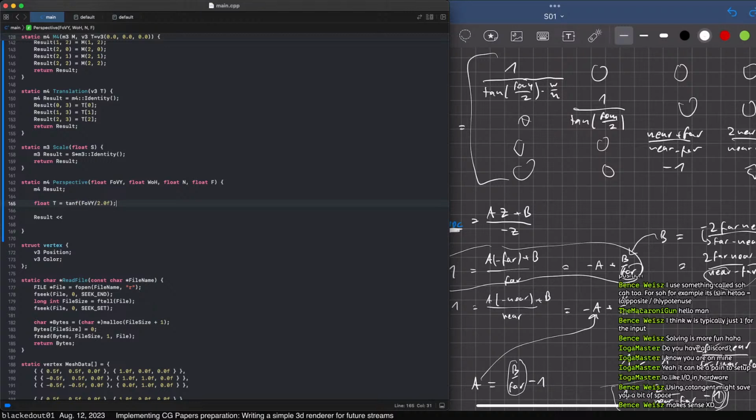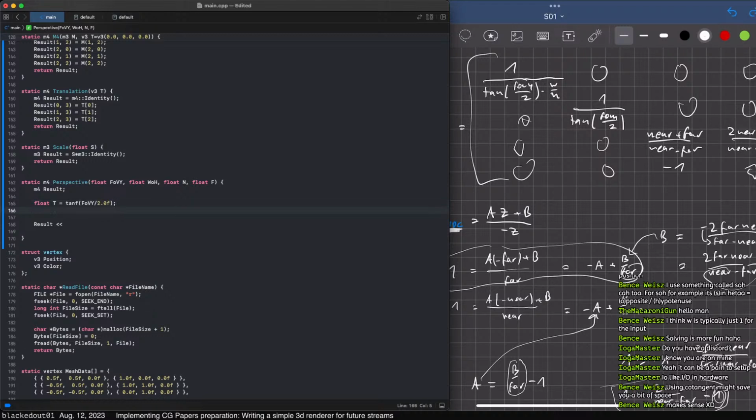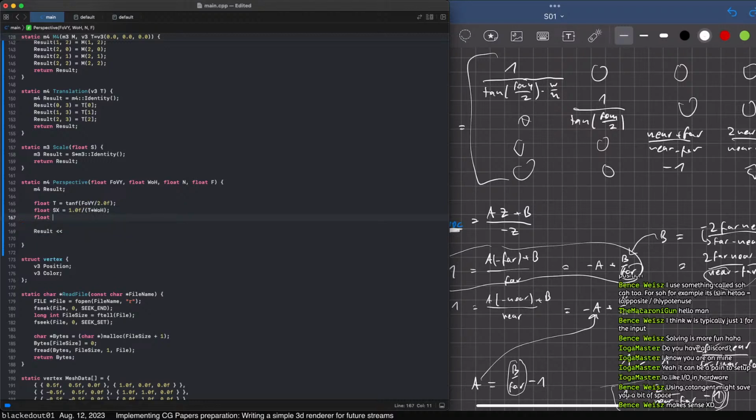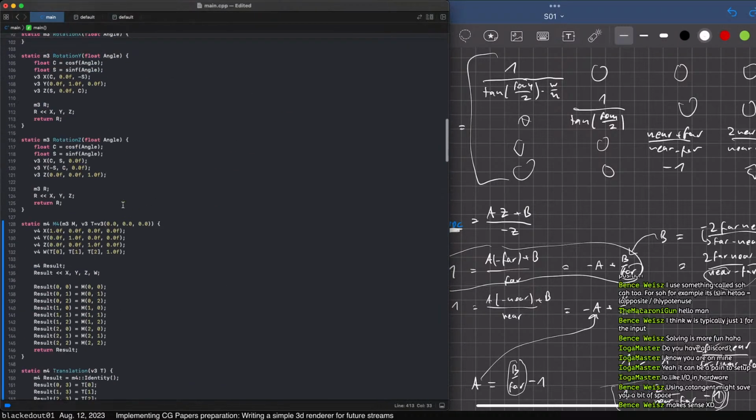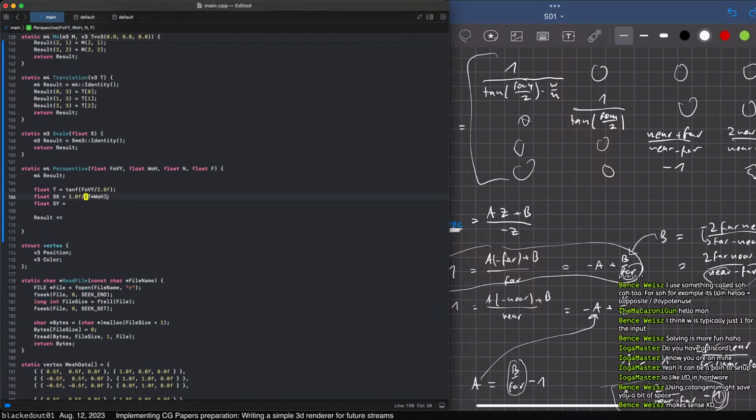And then the scaling factor of the x value here is just 1 over the tangent times width over height. And the scaling factor of the y is just the same, but without the width over height thing.